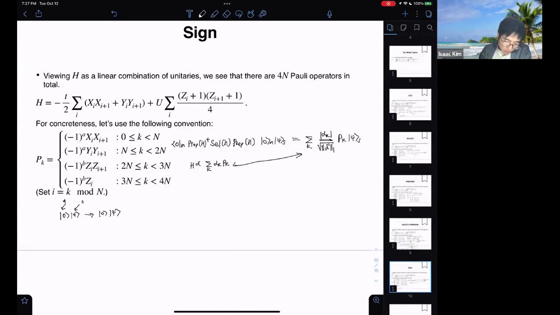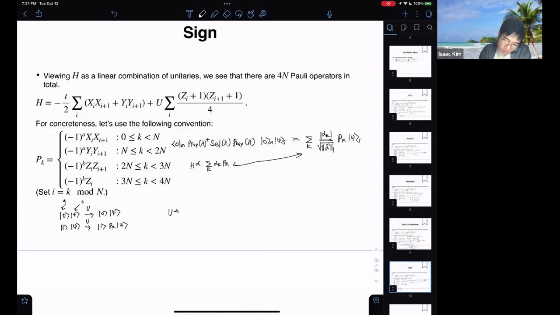If the single qubit is in the 0 state, you don't do anything. If the single qubit is in the 1 state, then you apply, let's say, Pk psi. And if you want to apply minus Pk psi instead, let's call this unitary just U.